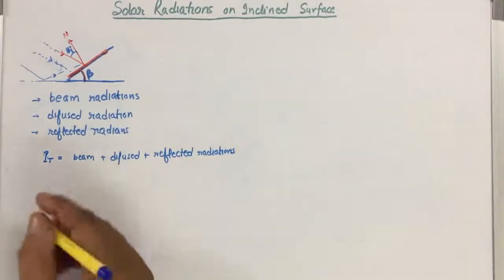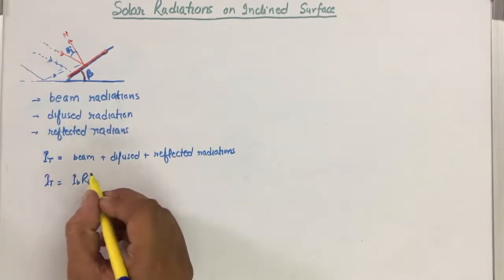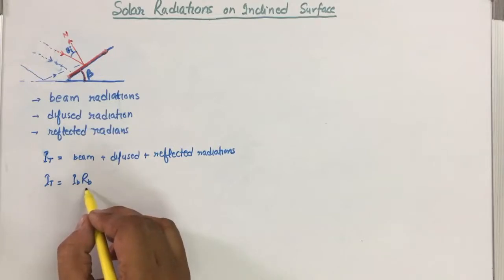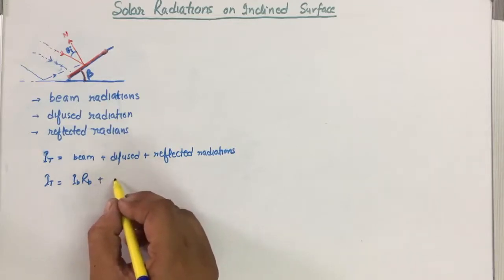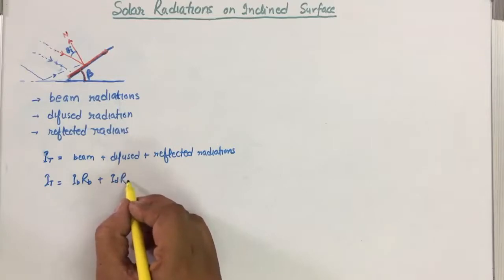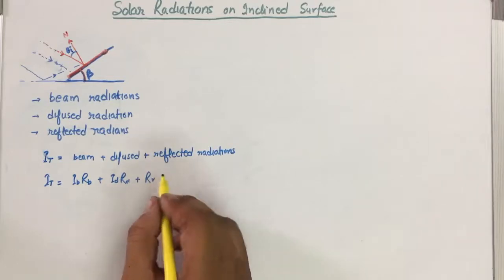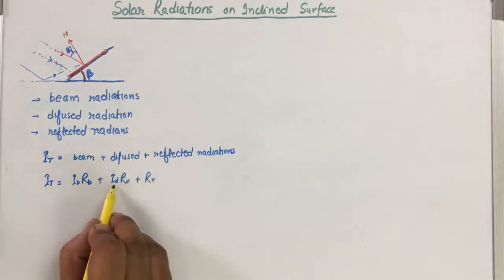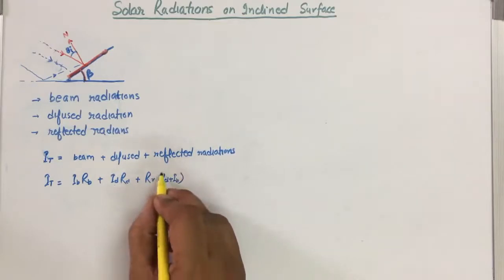Mathematically, it is I_B R_B, where this is the beam radiation and this is the conversion factor for beam radiation, plus the diffused radiation and the conversion factor for diffused radiation, plus the reflected radiation conversion factor, where reflection is due to diffused and direct, so I_D plus I_B.